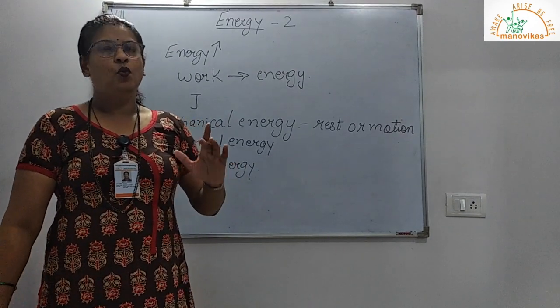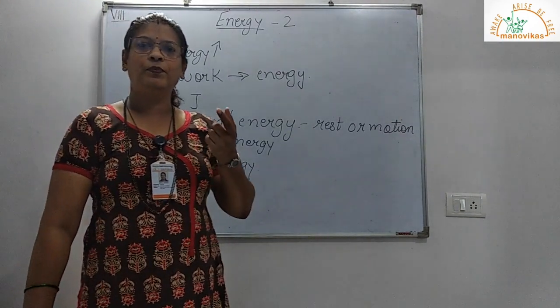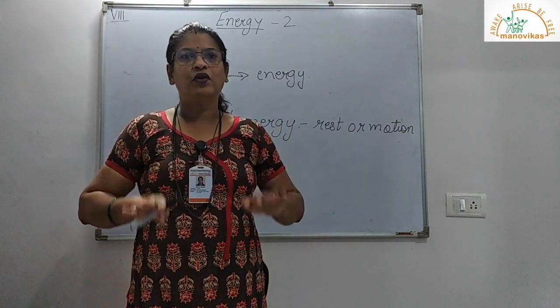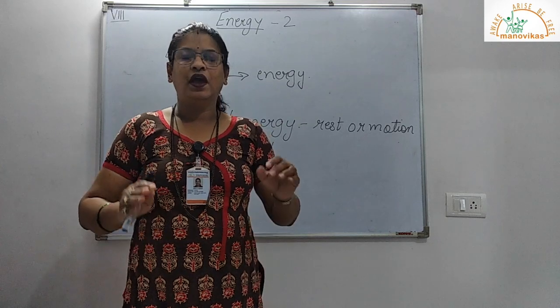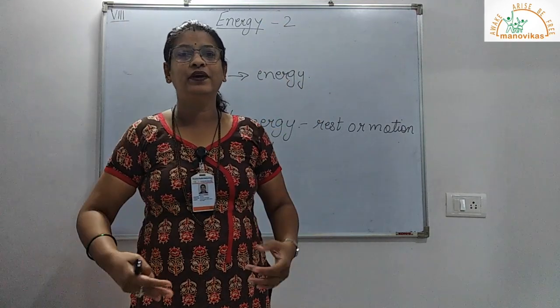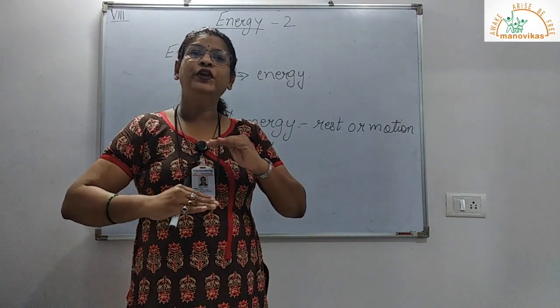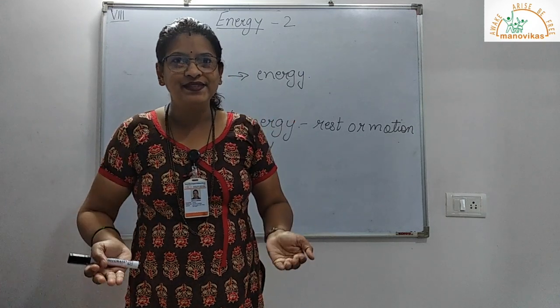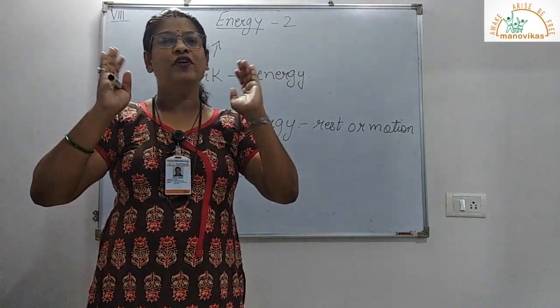Now we see what is gravitational potential energy. If a body is on the Earth's surface and this body is moved to a height, say on a hill, in doing work on the body, we raise it against the force of gravity.